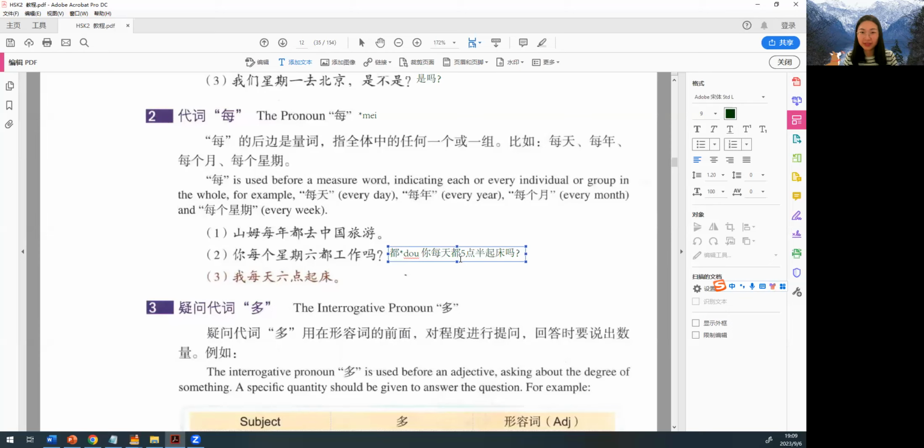So here 你 is you, 每天 every day, 每天都5点半起床. 5点半 here I should type the Chinese number. Yes. 5点半 means 5:30. 起床 wake up. So I say yes, I wake up every day at 5:30.